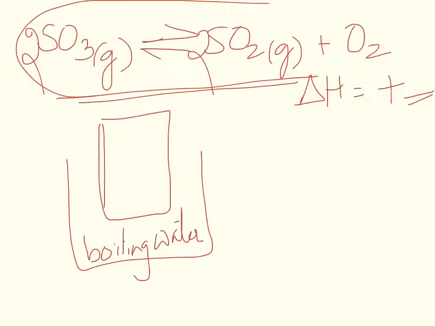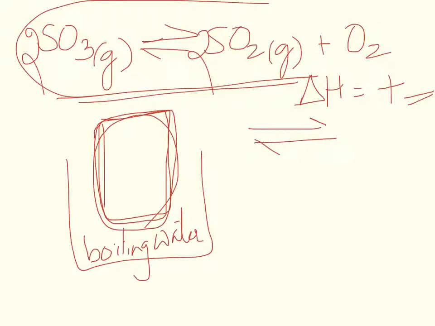So what you're doing is you've taken a very happy reaction that's at equilibrium and you're changing its condition. You place it in boiling water. So this system will try to undo this effect. In other words, you have increased the temperature of the system. It will try to decrease the temperature. It will move in a direction, either forward or reverse, and try to decrease the temperature. Now, remember, this reaction is an endothermic reaction.